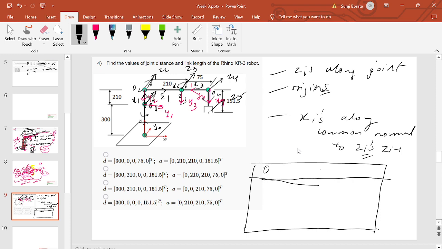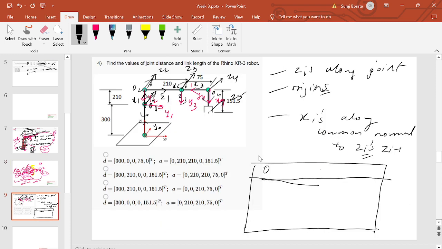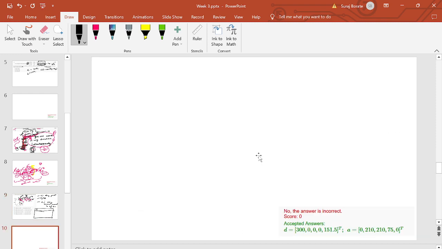I will do it from the very scratch, starting from Z0. You were not there last time? No, sir, I was not there. Okay, fine, I will repeat. We will repeat from the start. So let's make it over here, the same manipulator.